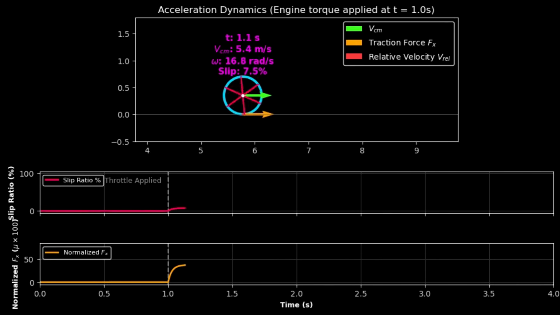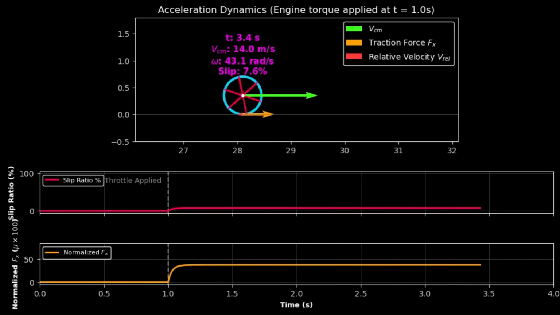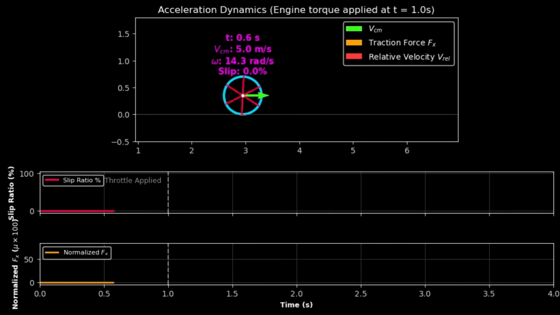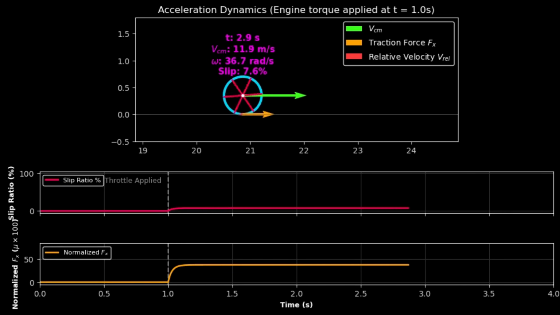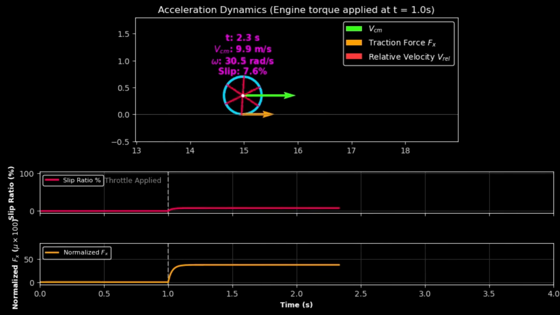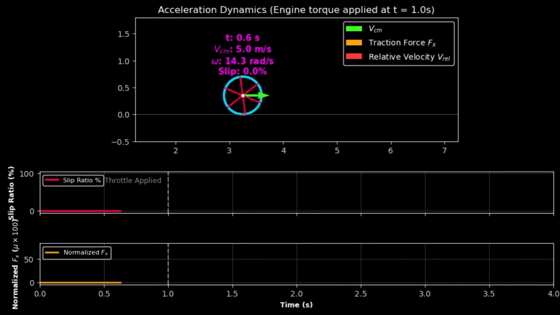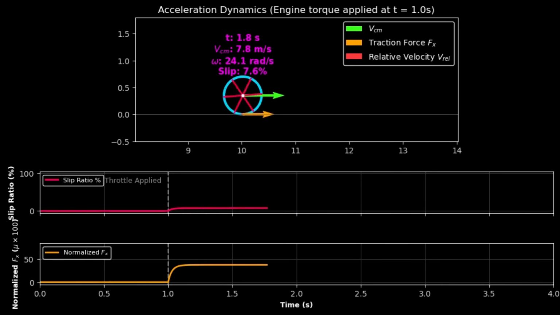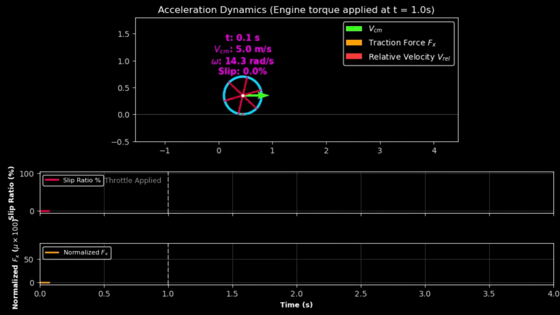But at time t equal to 1 second, the engine delivers torque at the wheel, causing it to spin faster, thereby causing it to slip. You can observe the rise in slip as well as in relative velocity. In response to the slip, traction force generates which accelerates the vehicle forward. Observe how the translational velocity represented by the vector colored in green increases as a response to the traction force.